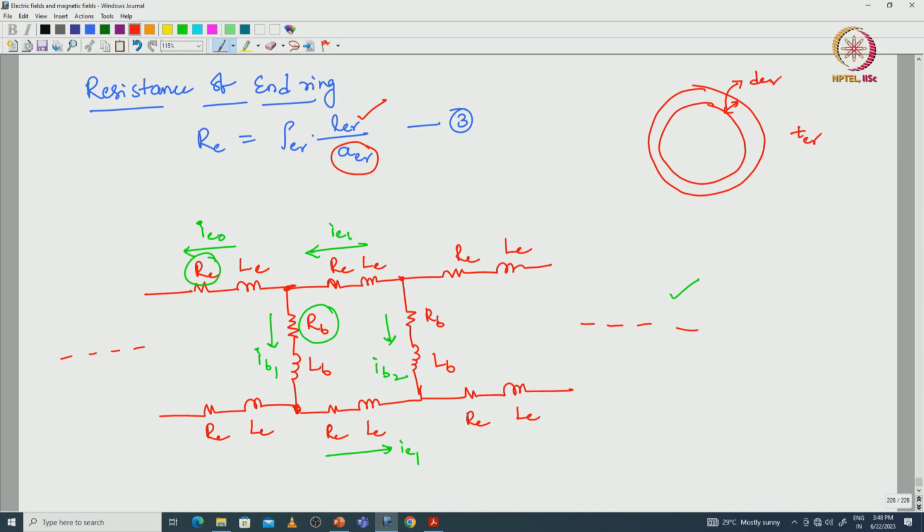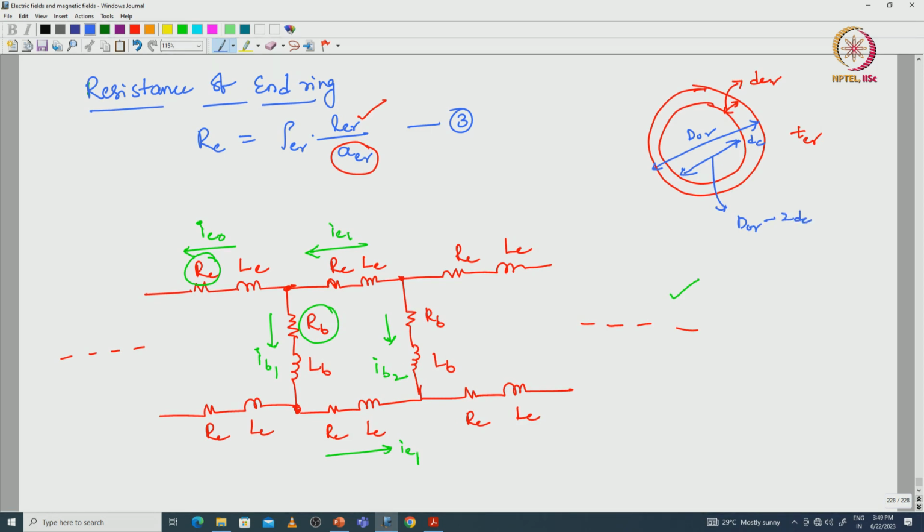In order to find the mean length of the end ring, we have to take the outer diameter of the rotor, that is d naught r, and the inner diameter with respect to the end ring by considering dc. So, the inner diameter will be d naught r minus 2 into dc.